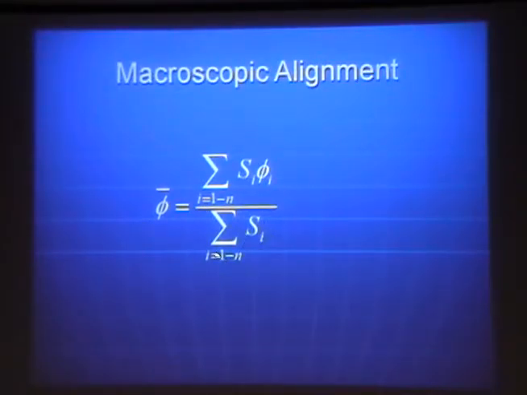So we split the surface into n different domains, having different areas S_i, with different angles phi_i. The average is just the average of phi_i with the weight of the surface area. This is again completely similar to the surface potential problem.